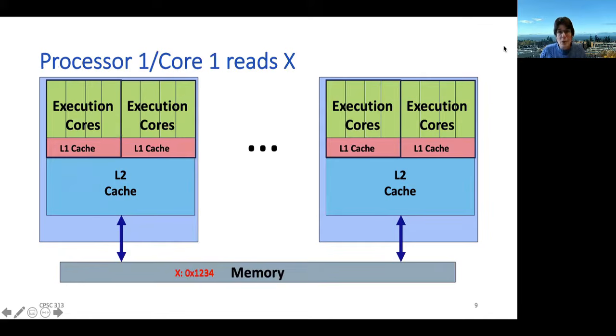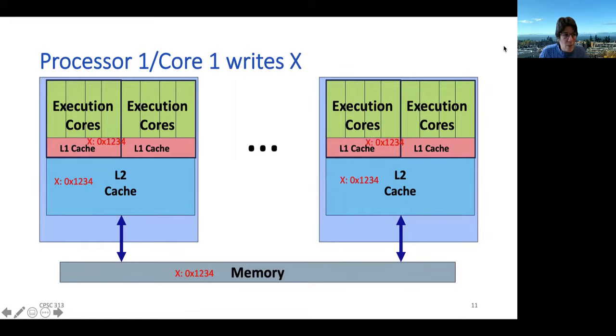Now what happens if we're on separate cores? So let's say that the processor 1 and its first core is going to read X just like before. So we move it into the L2, and then we move it into the L1. Next, we're going to have processor 2 read that same value of X. So lo and behold, we copy it into the other L2, we copy it into the L1. Great, so far so good, no problems.